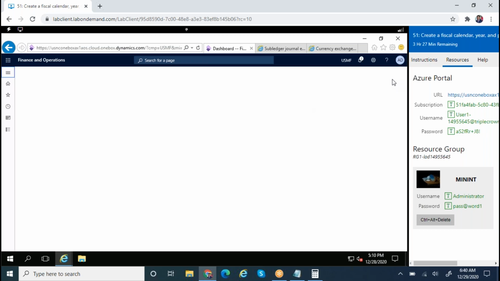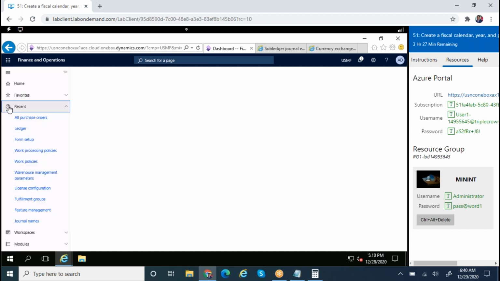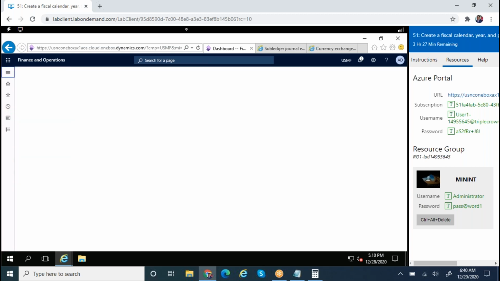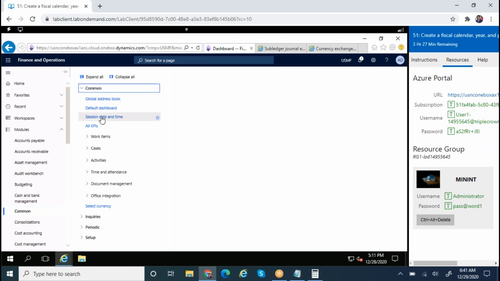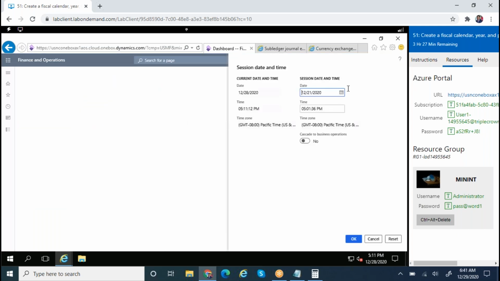Give me 1 second. Common time for session date. You know where it is available. You can remove this one and you can enter T. T means today. It is 28th.